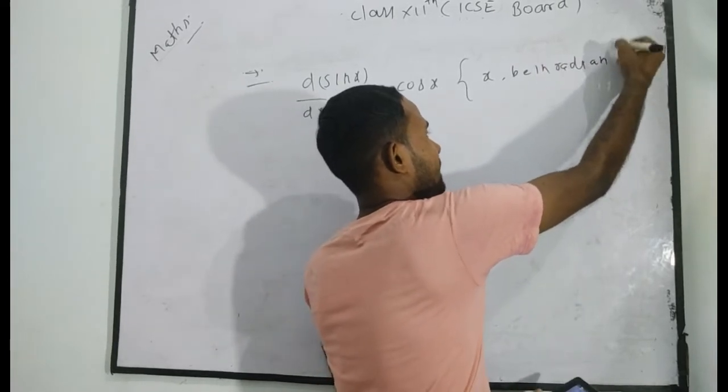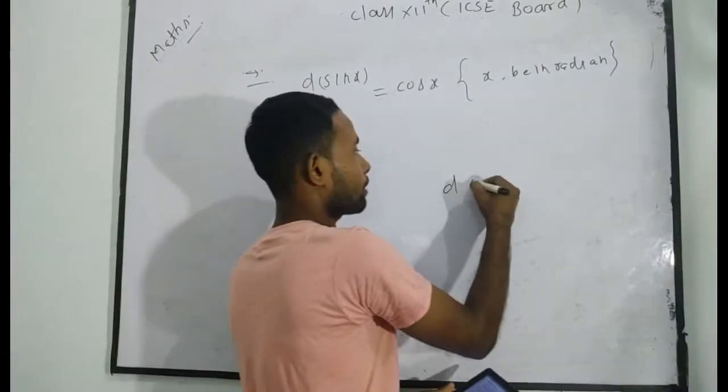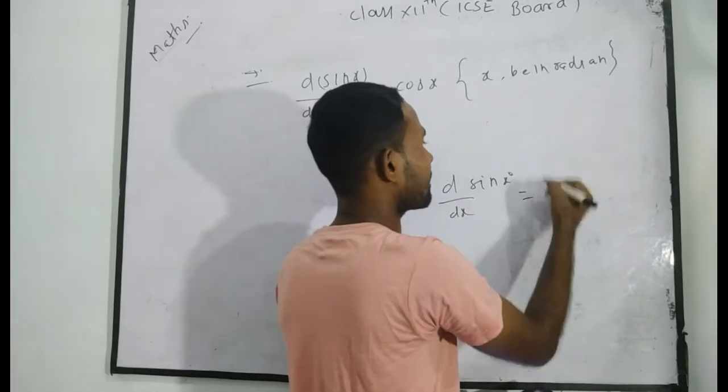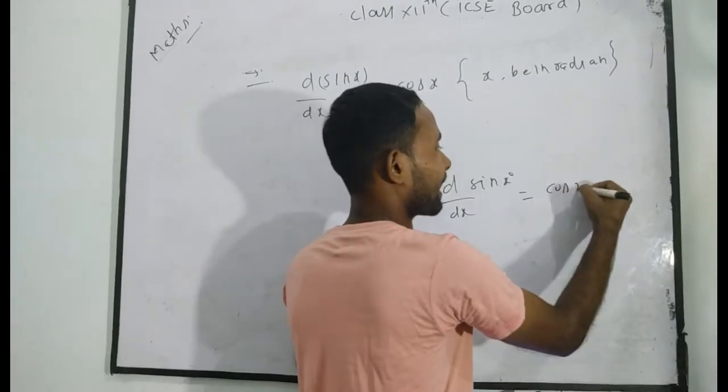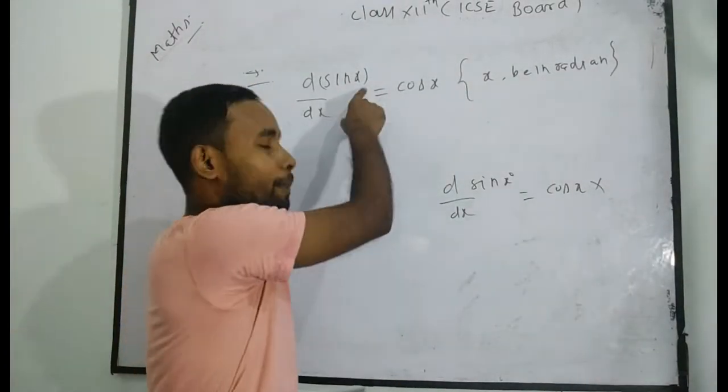Actually, in most cases students do not take care of this, and when asked for the derivative of sin x degree with respect to x, they also write the answer cos x, which is not correct. So I always suggest you be careful here.